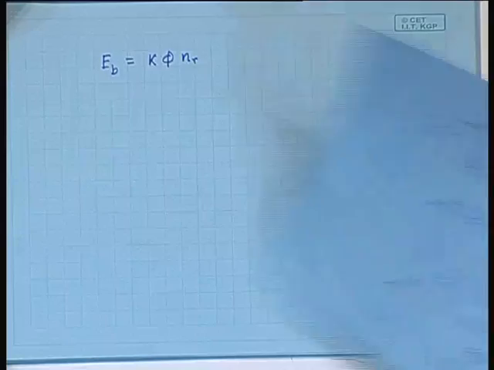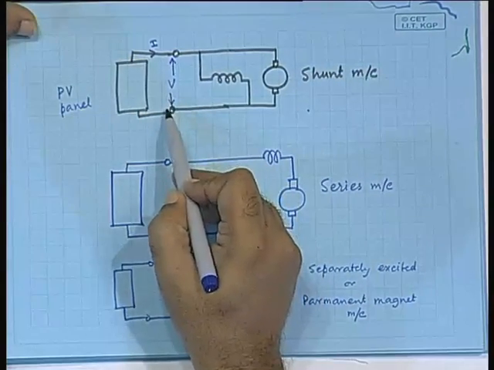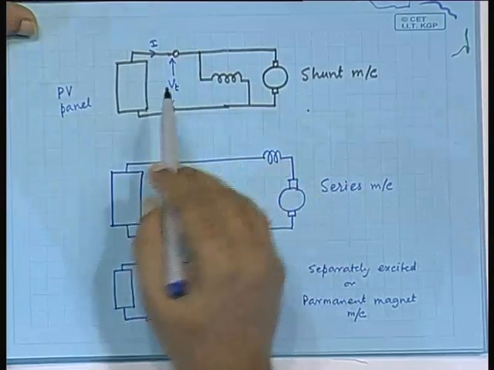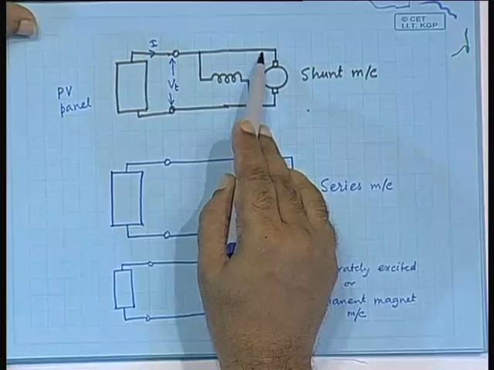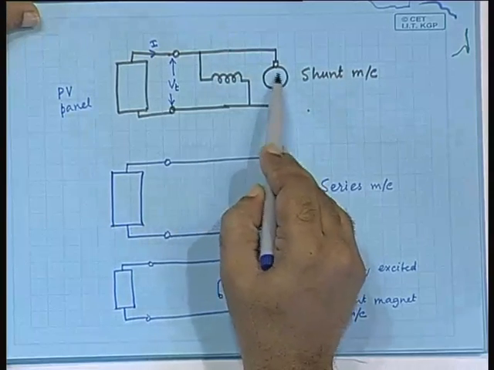And if you connect it something like this, then there is a terminal voltage, let us call it V t, and here there would be some drop because of the resistance of the armature, and then you arrive at the back EMF.